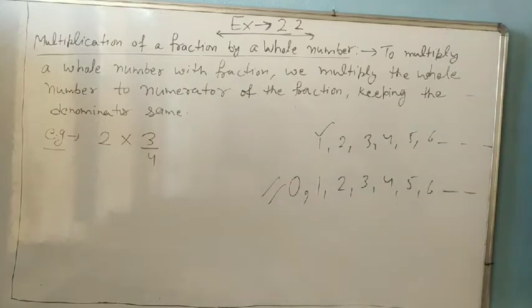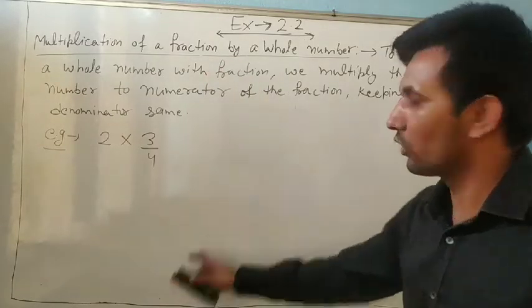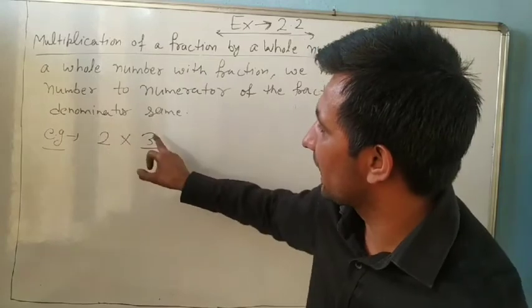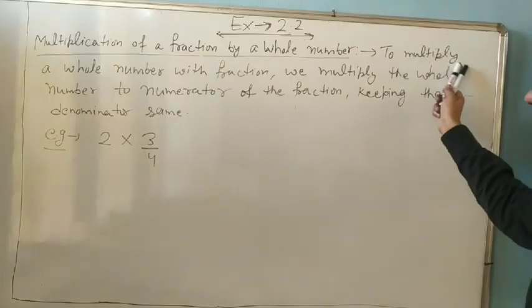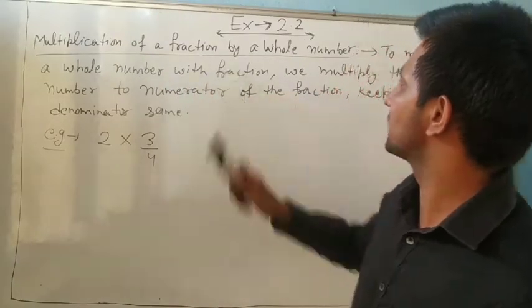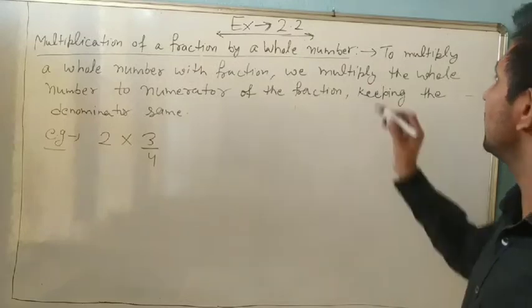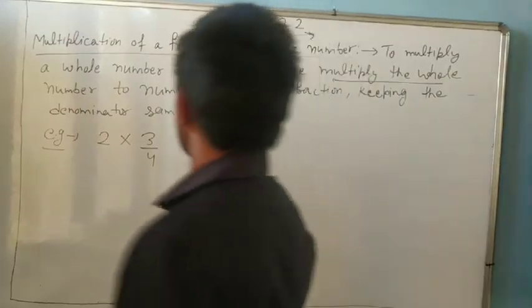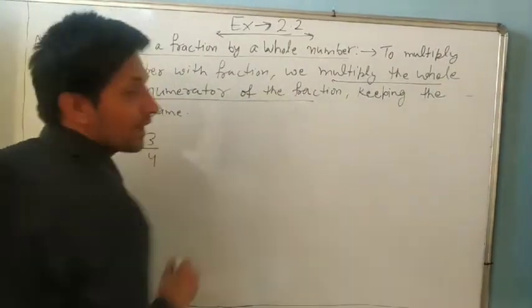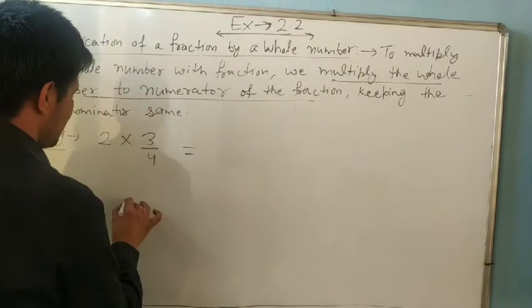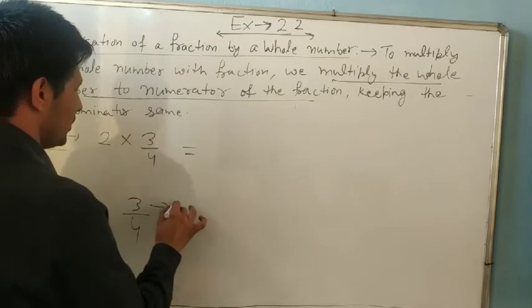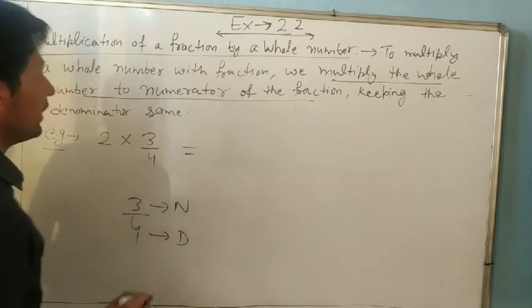So now how to multiply a whole number by a fraction? Suppose 2 multiply 3 upon 4. Here 2 is a whole number and 3 upon 4 is a fraction. If you want to multiply a whole number with a fraction, we multiply the whole number to the numerator of the fraction. 3 is the numerator, 4 is the denominator.